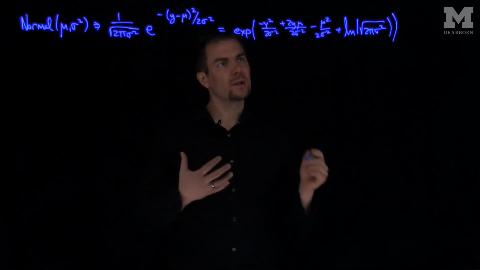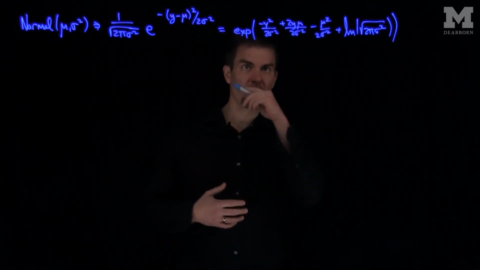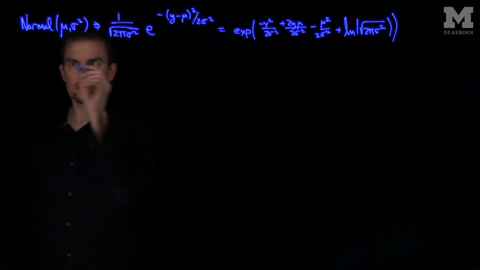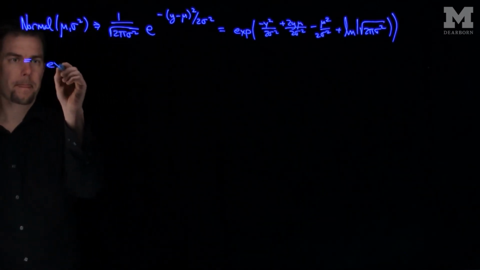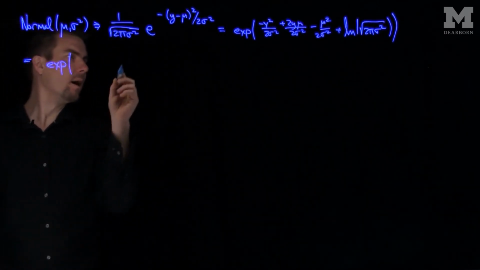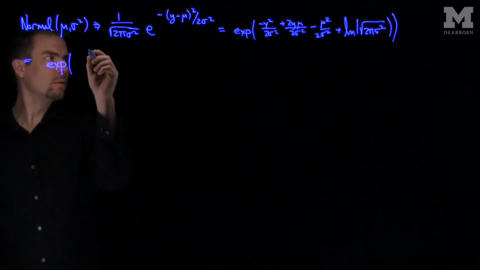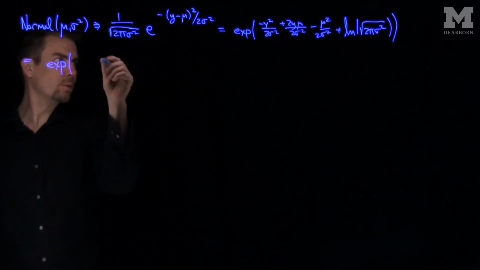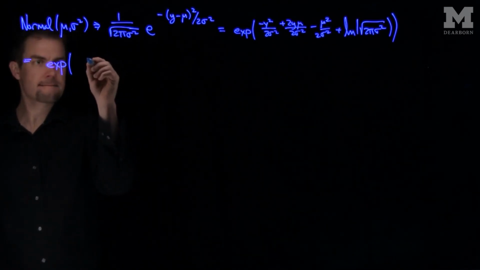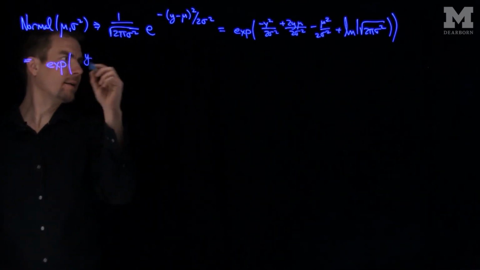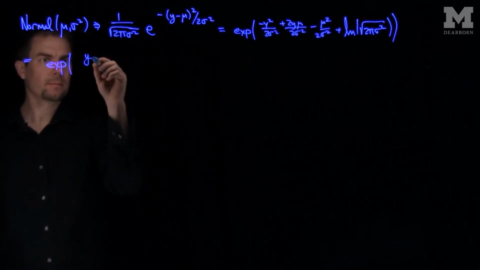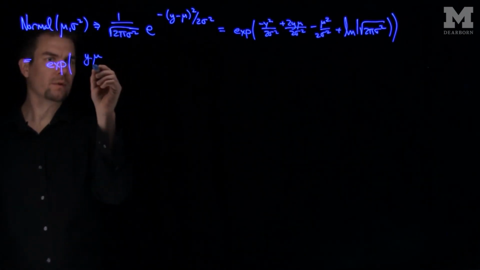And so now I want to isolate the term that just has a y in it. So what we'll do over here is we'll write this as the exponential of a y times mu over sigma squared.